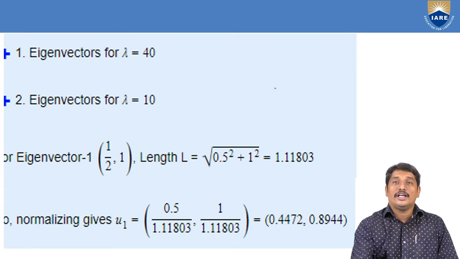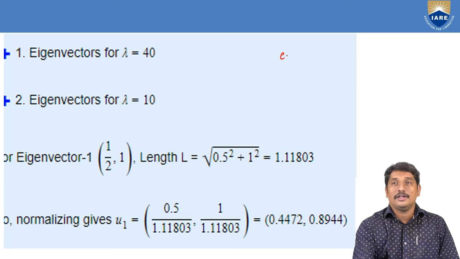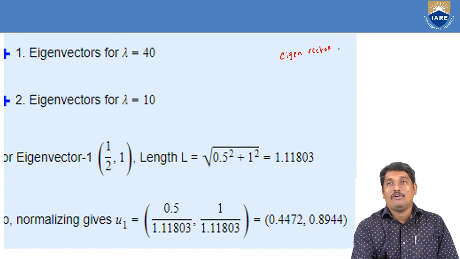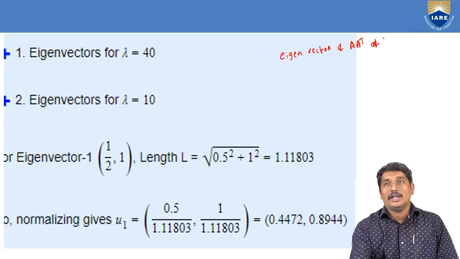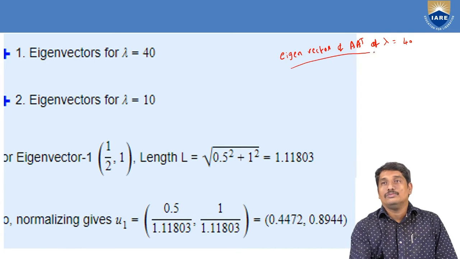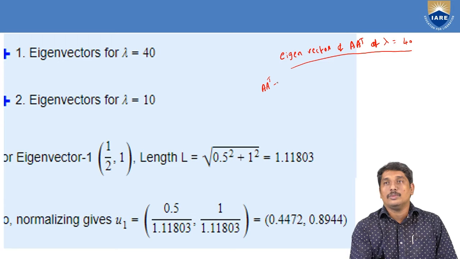Now we are going to find the eigenvector of A into A transpose at lambda is equal to 40. For that we must take the matrix A into A transpose minus 40I.